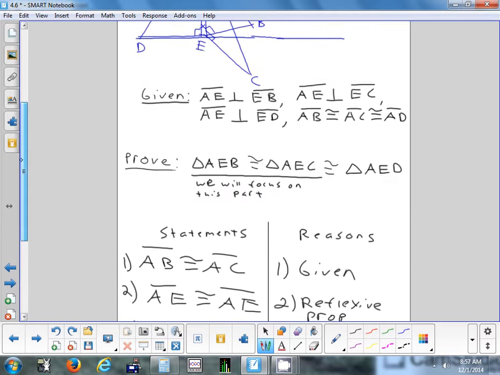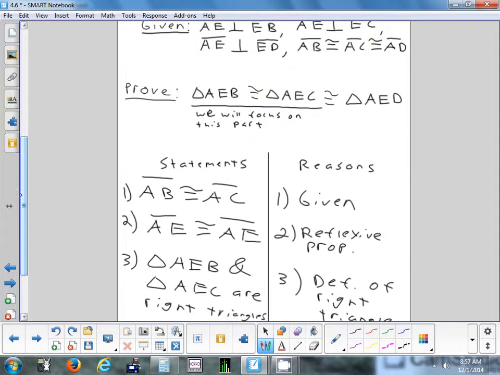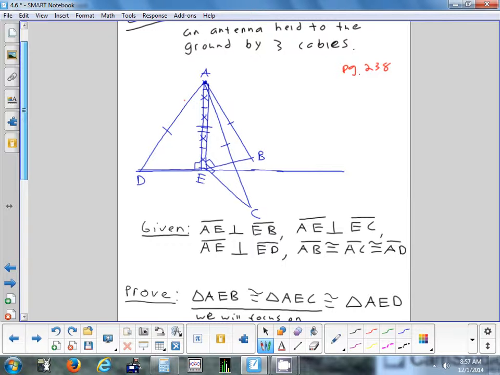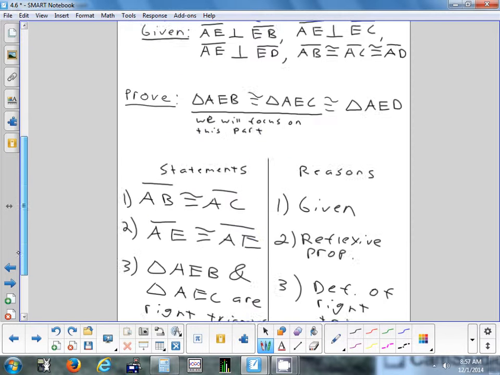Okay. So do we have enough information? Do we have a hypotenuse and a leg? Have we done both? We got AB and AC. That's a hypotenuse. AE, that's a leg. And we got right triangles. So yes, we can use the hypotenuse leg theorem. So that's your last step.